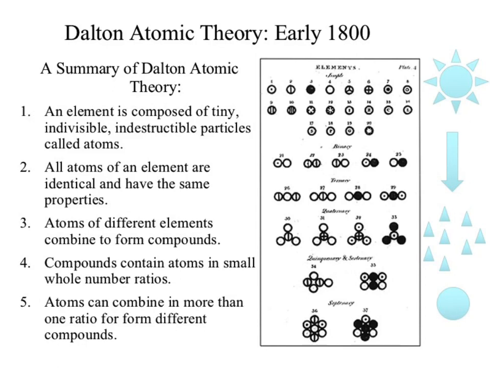Right? Atoms of different elements combine to form compounds. Can I combine hydrogen and oxygen to make a new compound? Yes, I get water. Compounds contain atoms in small whole number ratios. Can I take half of an atom? No. So whole numbers just means 1, 2, 3, whole numbers. Okay, no decimals.